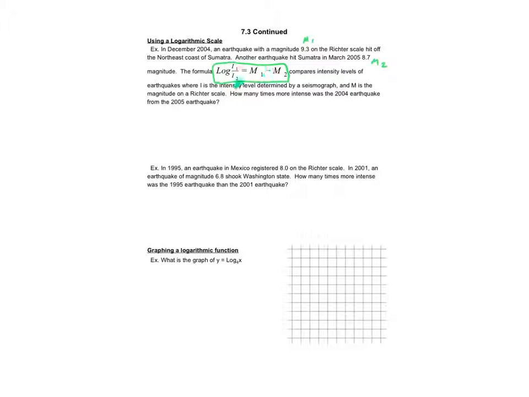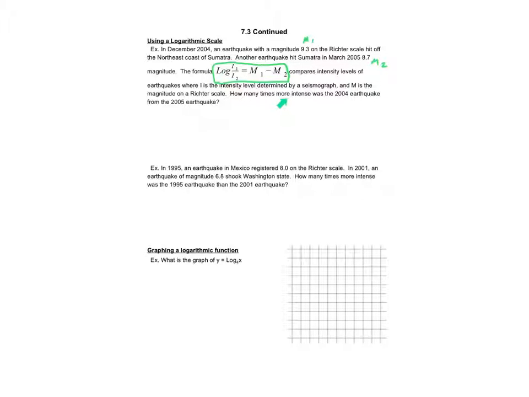We're given this formula, which compares the intensity levels, where I is going to be the intensity level determined by a seismograph, and M is the magnitude on the Richter scale. So how many times more intense was the 2004 earthquake than the 2005 earthquake?